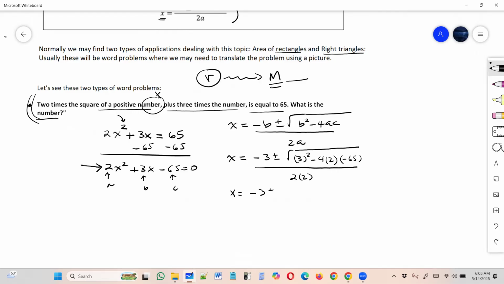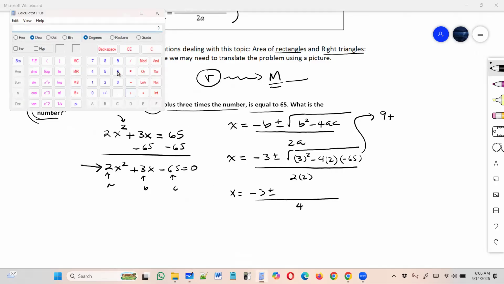So negative 3 plus or minus, and obviously the denominator is easy, it's 4. And now I have to separately calculate the value inside of the radicand. So 3 squared is 9 minus 4 times 2 times negative 65, which is negative 8 times negative 65, so it's going to be a positive number. And obviously you can use a calculator here.